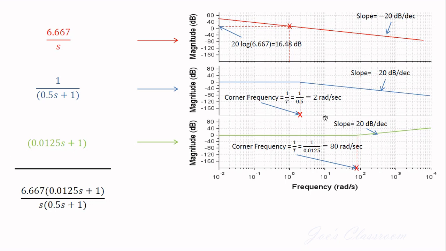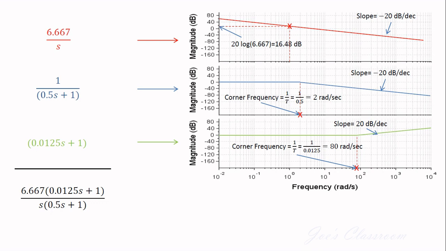Again k is 1 here, so 20 log k will be 0. So up to this corner frequency the magnitude is 0 decibels, and beyond the corner frequency, since this is a numerator term, the slope will be plus 20 decibels per decade.